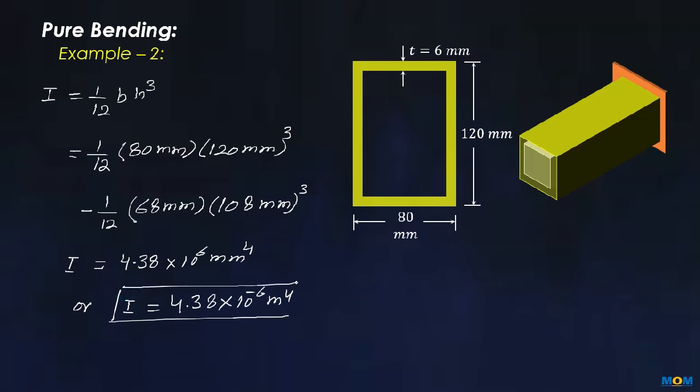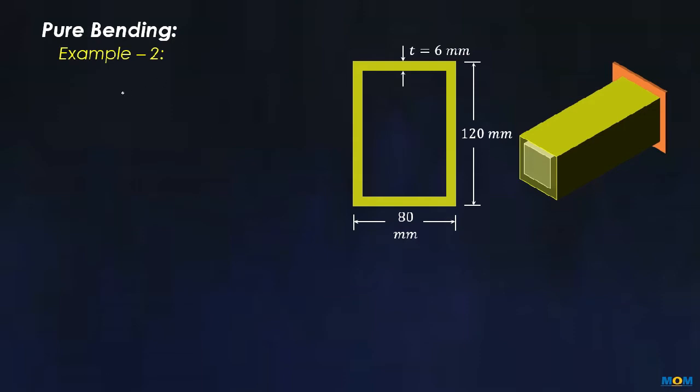Now using these values in the flexural expression, that is sigma allowable is equal to MC upon I. To calculate bending moment, rewriting this expression, M is equal to I upon C sigma allowable.